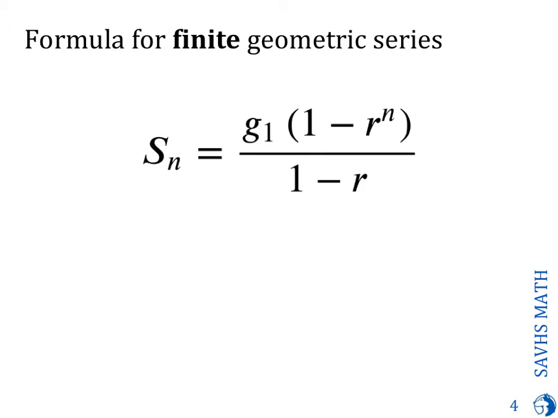Okay, there is a formula to use for these problems, and I'm just going to identify what these things in the formula are so that we make sure we're all on the same page. This G1 is the first term in the sequence. Your R in both places is the common ratio.